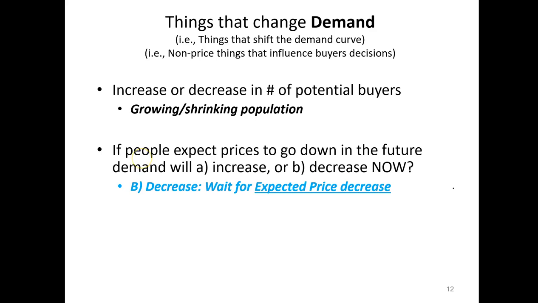So if people thought there was going to be more subsidies, or if people think the price of gas or oil is going to go down, then maybe they'll wait, if they can, to fill up their oil tanks. Right, so if people think the price of something is going down in the future, if they can, they'll likely wait to buy it in the future.